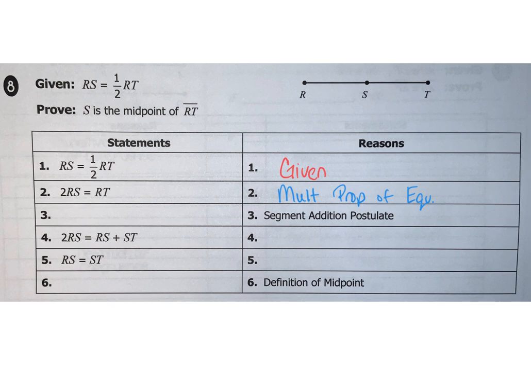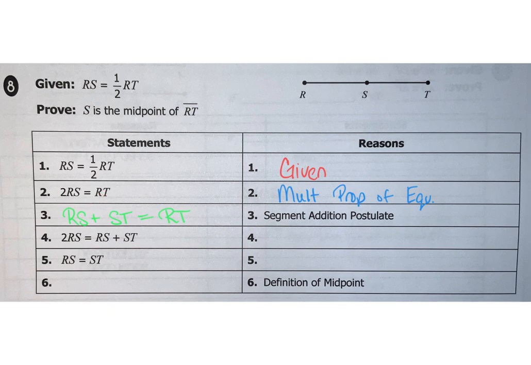So the segment addition postulate goes back to your picture here. What does the segment addition postulate tell you about this long segment? Right, the two pieces add up to the whole. So RS plus ST equals RT. All right? Now let's see what they did here. They said that 2RS is RT.